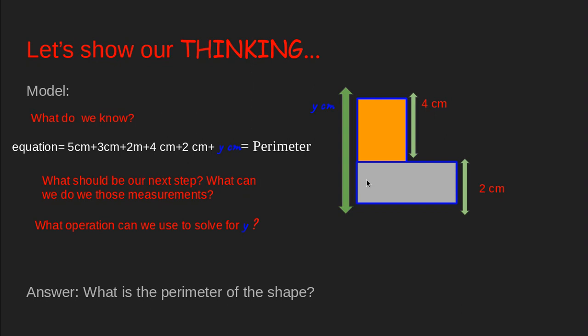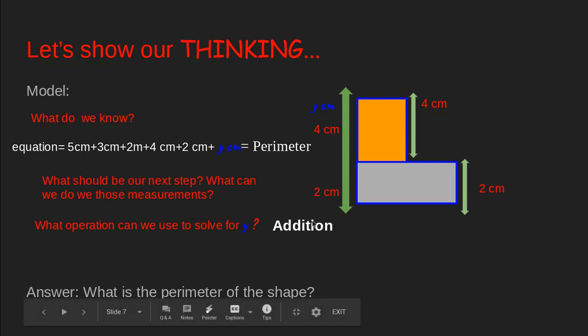So remember that rectangles have opposite equal side lengths. So in this rectangle, if this is 4 centimeters, what would be the measurement for this side length here, from this point to this point? We know that's 4 centimeters, right? And we also know that this side length here is 2 centimeters, so the opposite side length should also be 2 centimeters.